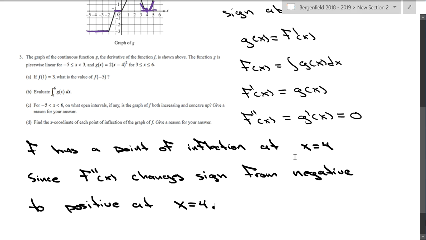Okay, so you got 1 point if you just name the point, and 1 point for the reason.